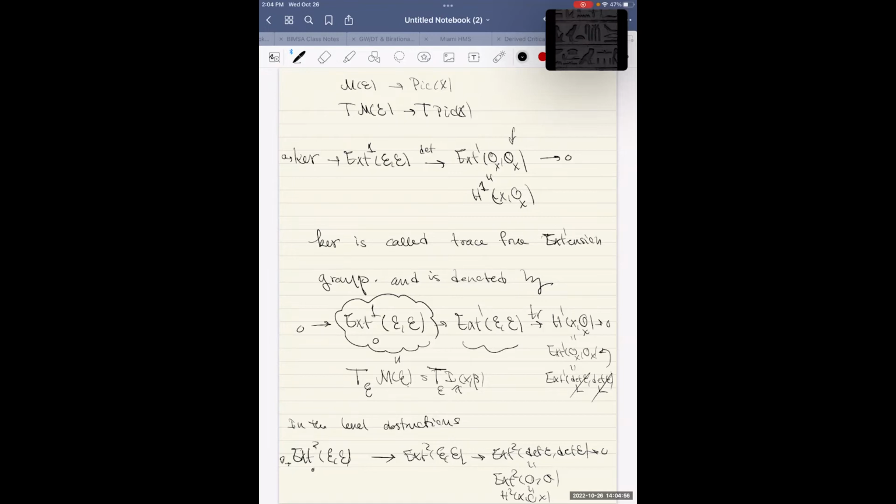So let's go back to the deformation-obstruction theory of this moduli space. Now I know I'm not looking at Ext^1, Ext^2, Ext^3, but at the trace-free ones. So I'm looking at Hom(E, E) trace-free, Ext^1(E, E) trace-free, Ext^2(E, E) trace-free, Ext^3(E, E) trace-free.